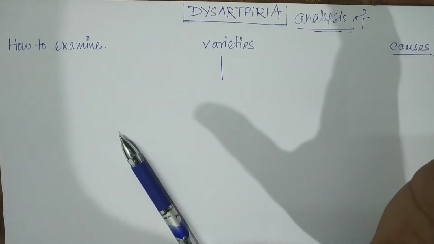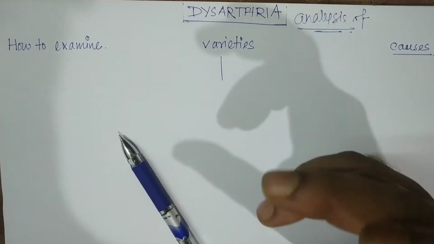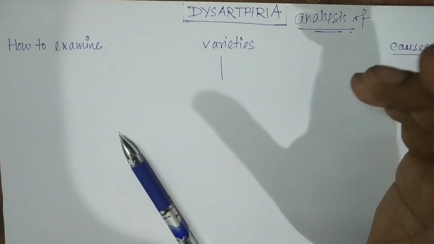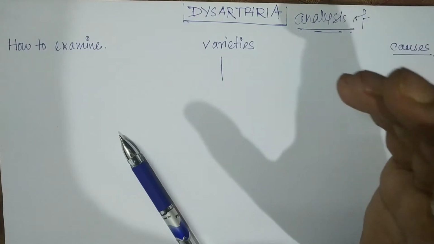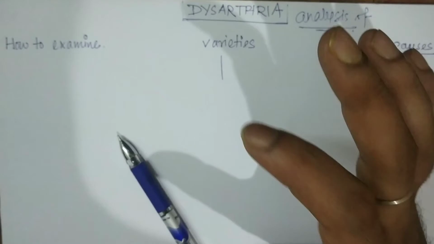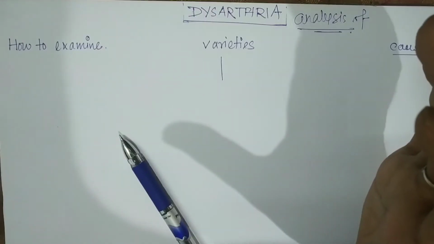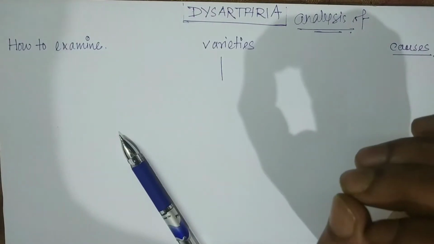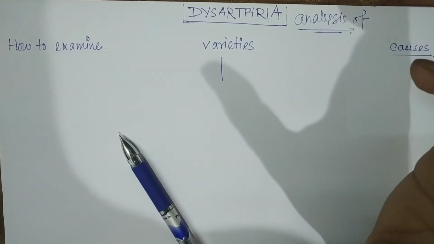They may suffer from lesions of the upper motor neuron, of the lower motor neurons. There may be problems in coordinating the influence of the extrapyramidal system, maybe problems in coordinating the cerebral systems, and even the actual muscles themselves may be weak.